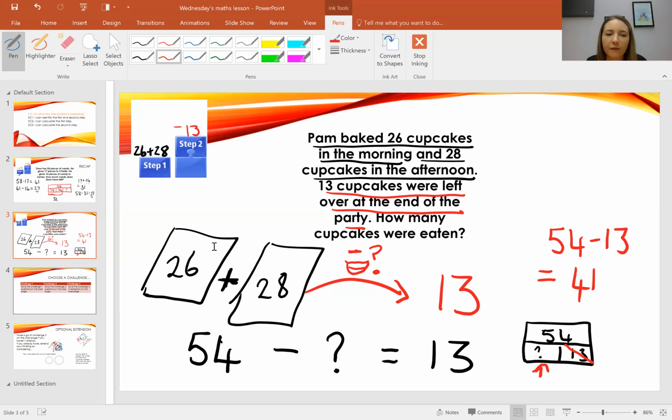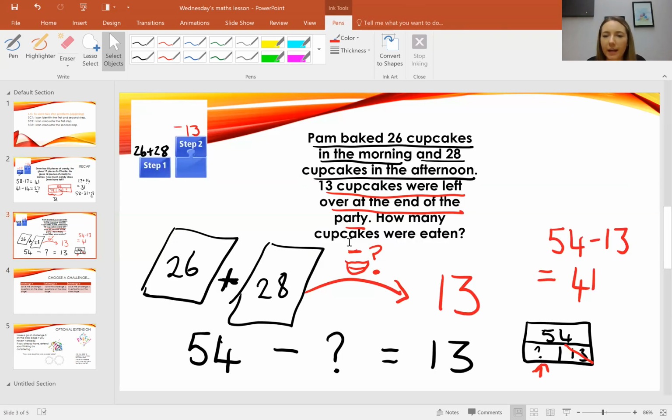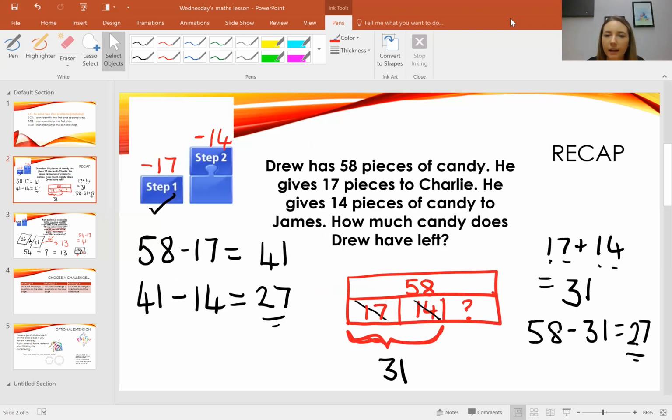So it's now time for you to choose a challenge. Choose challenge 1 if you're feeling a bit unsure about the question that I've just gone through here and the use of inverse, and where you'll just be focusing on addition and subtraction 2-step word problems that were more like this one at the beginning.